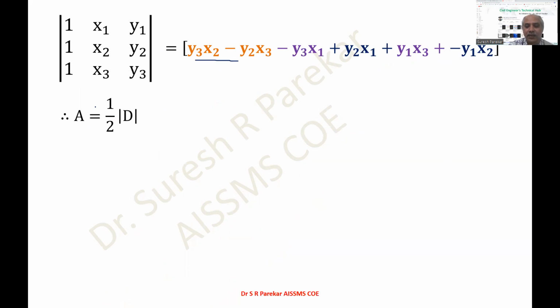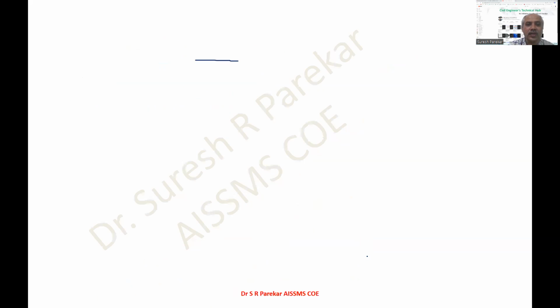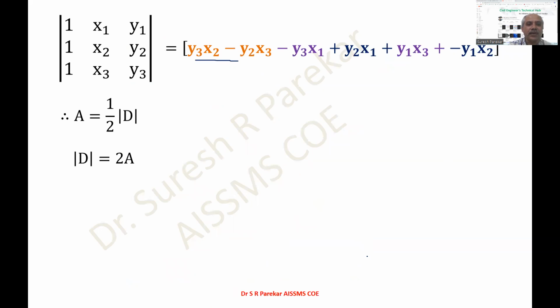Therefore, I will put this bracket as determinant D, and substituting this, I get the determinant of (1, x1, y1; 1, x2, y2; 1, x3, y3) is equal to 2A. This is the most important equation which we require, because we know A inverse is equal to adjoint upon determinant. And therefore we now require the determinant, which is 2 into A.